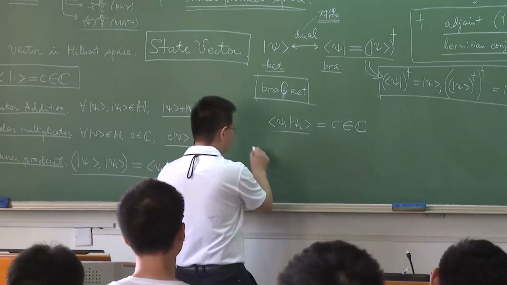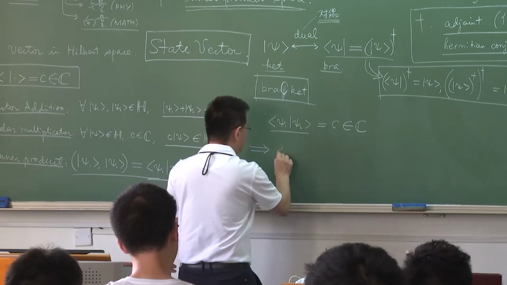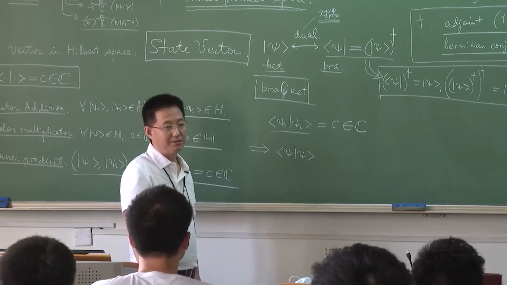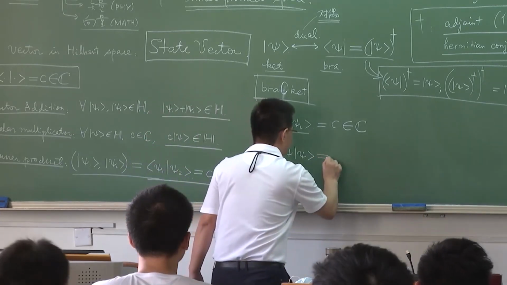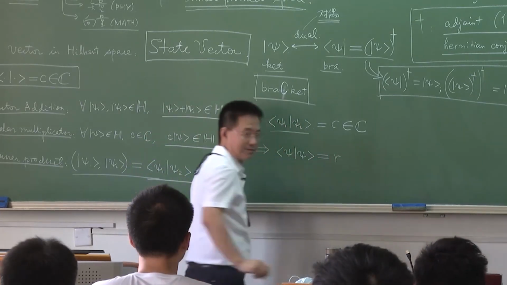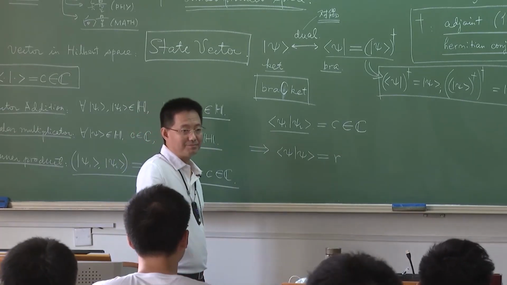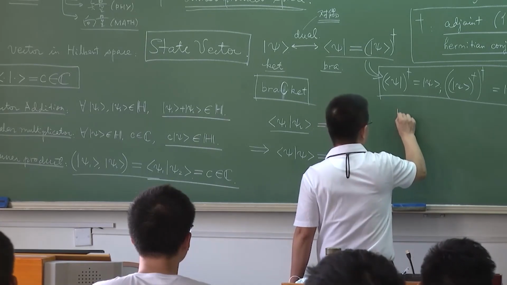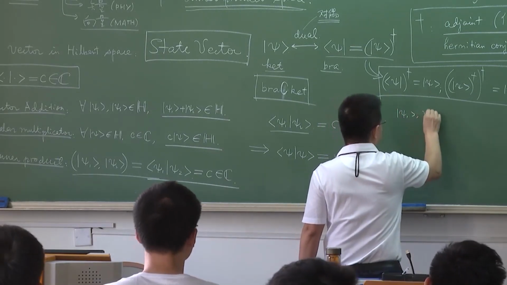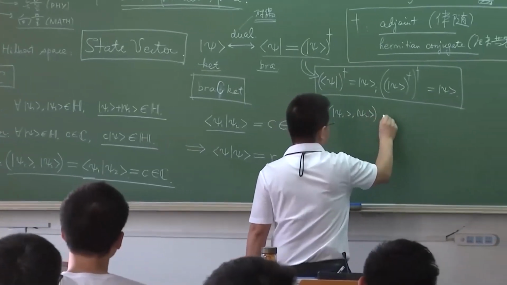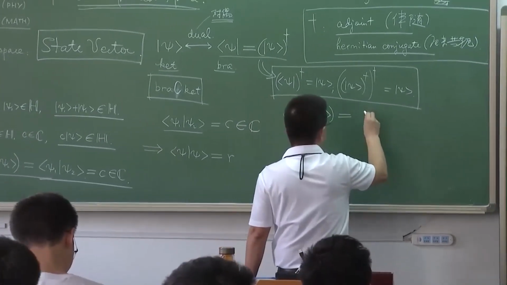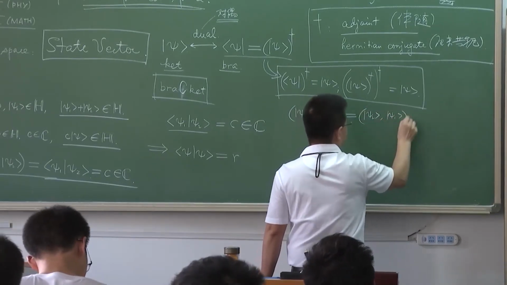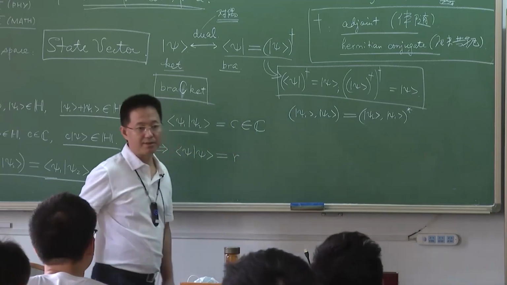So from this, you can derive for an arbitrary state vector psi, if the inner product of psi with itself equals R, right? Because we have the rule that the inner product of psi 1, psi 2 is equal to the inner product of psi 2, psi 1, and they are complex conjugates.